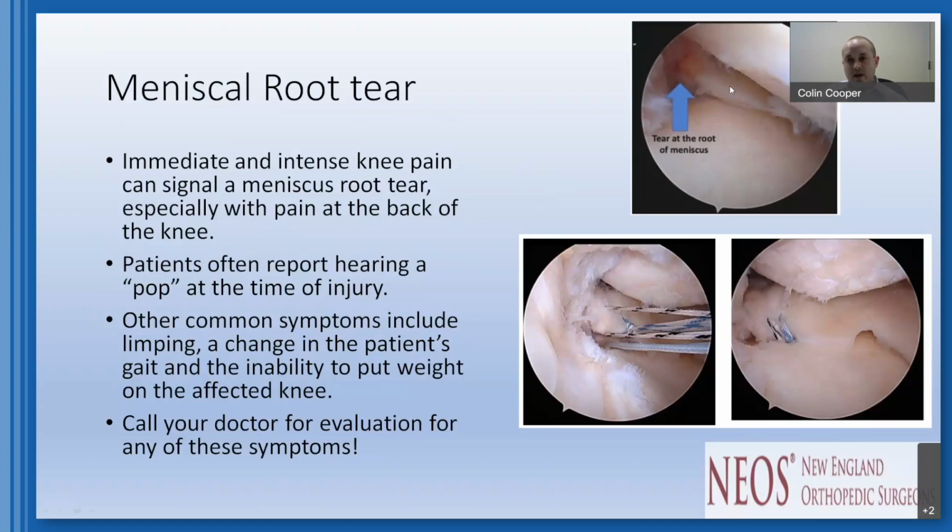But we're finding out that these are injuries that we can repair, and patients do well and limit the chances of going on to worsening arthritis if they heal. These are fixed by passing sutures through the posterior root. Then these sutures are passed through holes into the tibia and tied down, securing the meniscus root back to a more anatomic position.